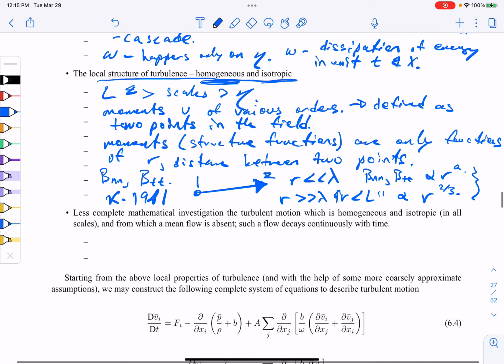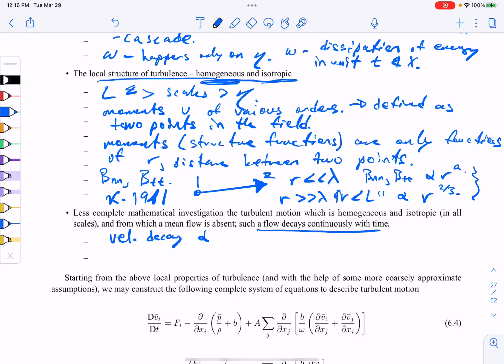Other things people noted was that in a flow which decays continuously, which is homogeneous and isotropic, say we have a wind tunnel and we have a honeycomb structure, we send the flow through it and we generate grid turbulence, and that kind of convects and decays over time. So if our probe is convecting with the flow, we should see the flow decaying proportional to two things. Well, first, the velocity decay will be inversely proportional to 1 over time to the 5/7.